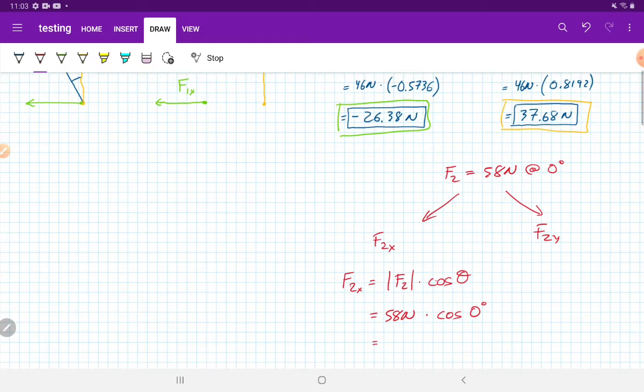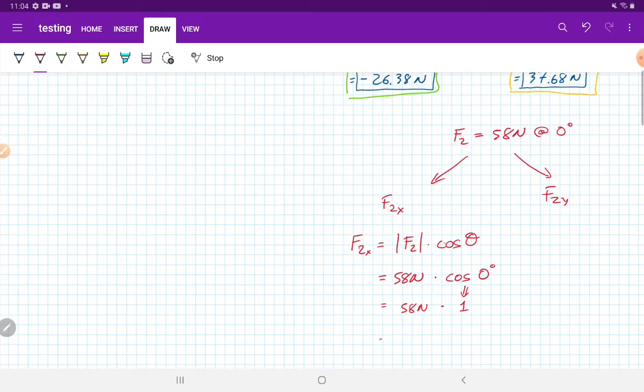If you do the calculation, you will see that this is equal to 1. And 1 times anything is the full value, which is 58 newtons.